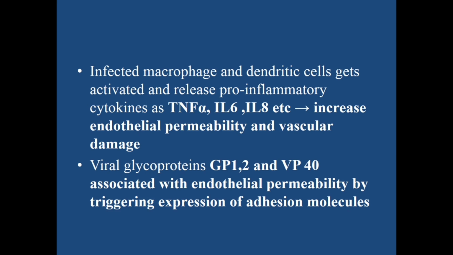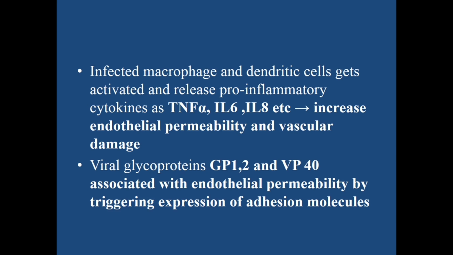In addition to all these cytokines, there are viral glycoproteins such as glycoprotein 1, 2 and VP40, which are associated with endothelial permeability by triggering expression of the adhesion molecule.